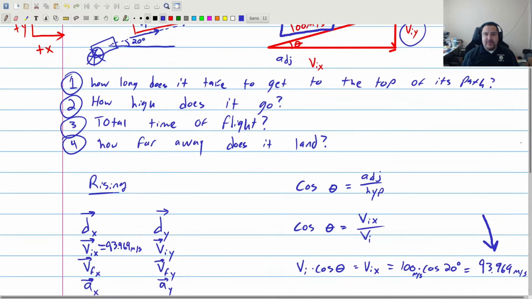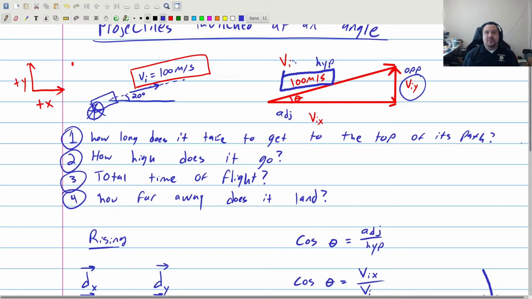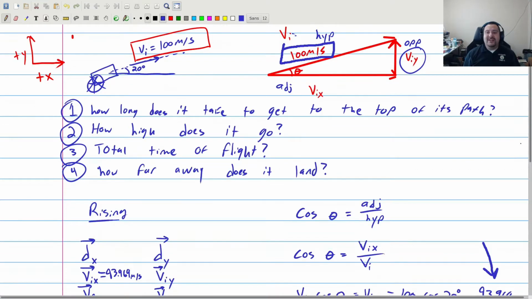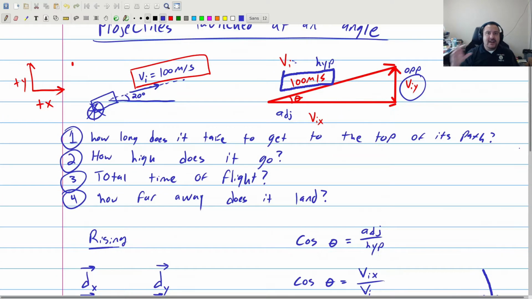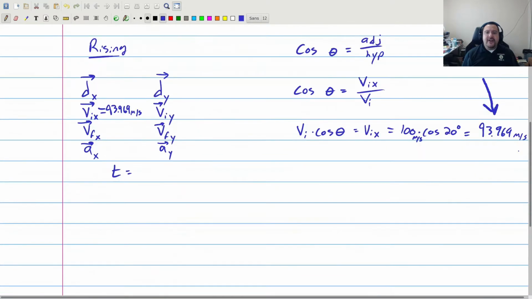It's going to be a little bit better to use what's given in the problem because that will make our rounding error a little bit less. It's not a huge deal, but it does make it a little bit cleaner. So I'm going to use the opposite side and the hypotenuse side. And if I remember my trigonometry correctly, sine of an angle is equal to opposite over hypotenuse.